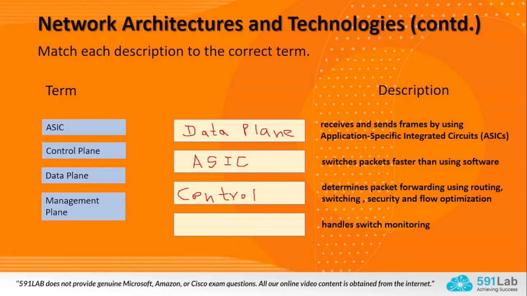Handles switch monitoring. This is management, so I just put MGMT. We have solved the problem. So you can see the correct terms matched to the descriptions. Okay, let's move on to the other question.